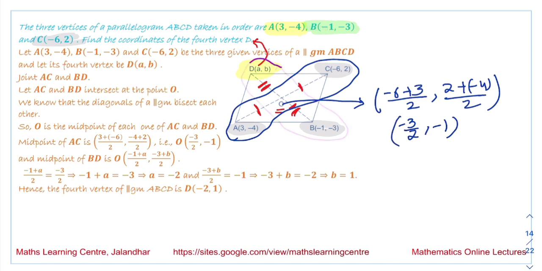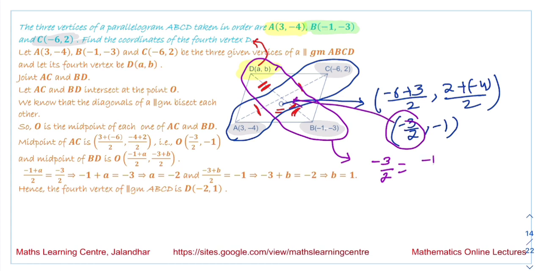Now we are talking about this line BD. For this line BD, we are saying minus 3 by 2, that is the x coordinate, the x coordinate of the midpoint of B and D, and the y coordinate is the midpoint, minus 3 plus B by 2.